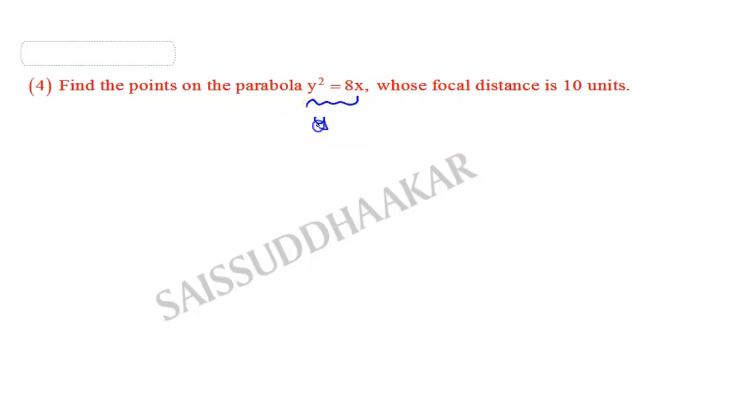We compare it with y square is equal to 4ax. 4a is equal to 8, a is equal to 8 by 4, that is 2. And the focal distance formula is x1 plus a, that is equal to 10. The a value here I got is 2, replace here. So x1 plus 2 is equal to 10, x1 is equal to 8.